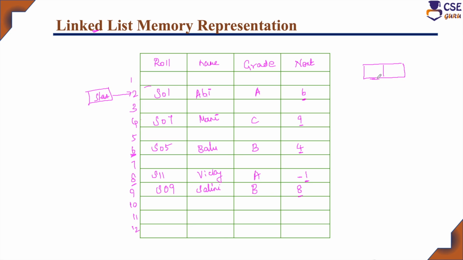Data part will store the data value, and the next pointer part will store the address of the next node. And the data part may be more than one field also. Generally we will not use only one data element. Like a record data structure, it is also possible to store with the linked list. Okay, and this is the memory representation.